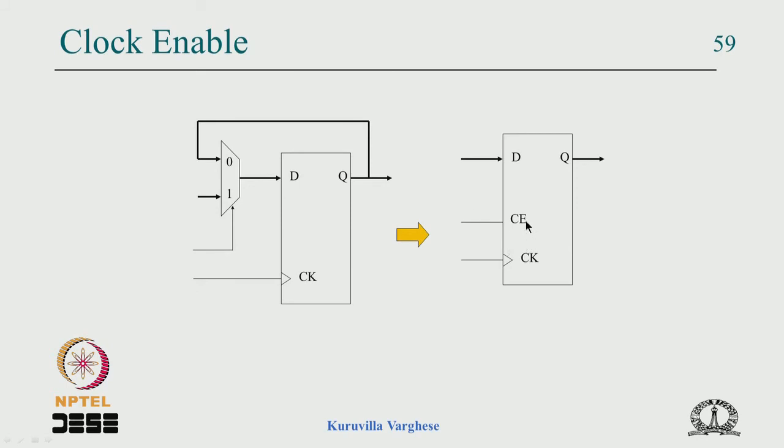Now the MAX 7000 flip flop has an inbuilt recirculating mux, and the select line of the mux is called clock enable. So if you want such a structure, you just connect this select line here. Now the control signal here, you don't need to do anything and automatically it works.